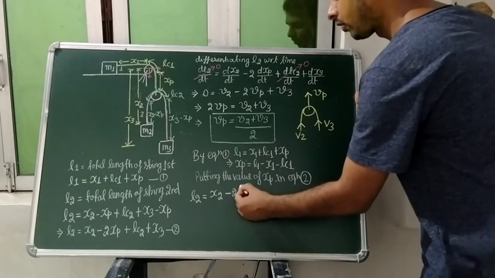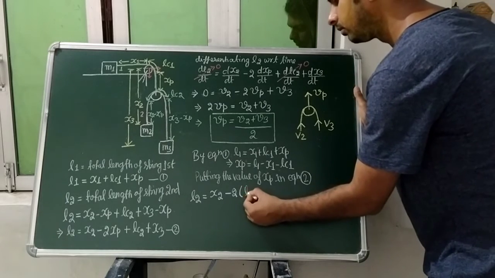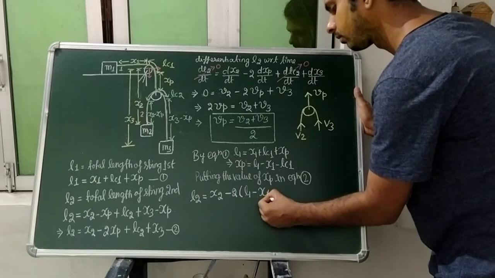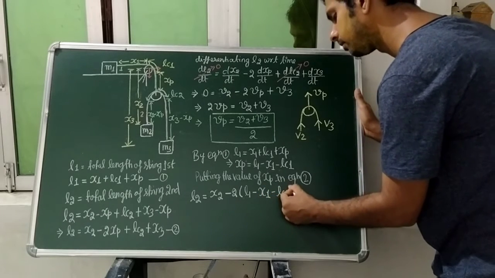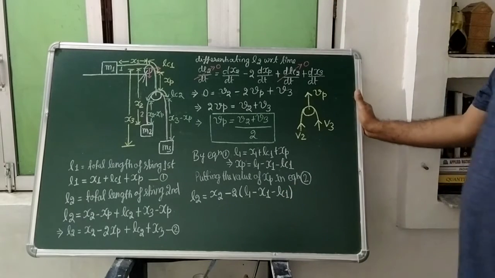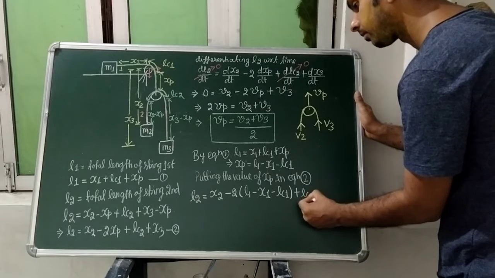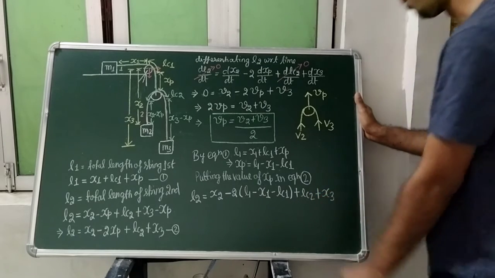So in place of XP, we can write L1 minus X1 minus LC1, and plus this LC2 plus this X3 here.